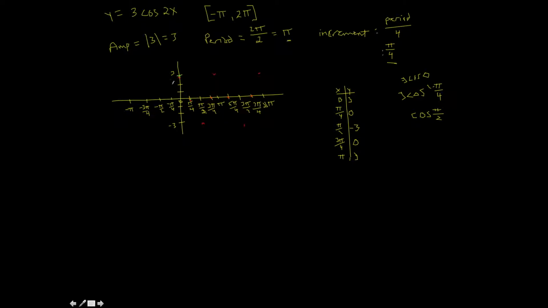Now, be careful going the opposite direction, because you're going down this time in a different direction, but we're still going down to 0. Negative pi over 2 would be negative 3. Back up to 0. And negative pi would be 3.